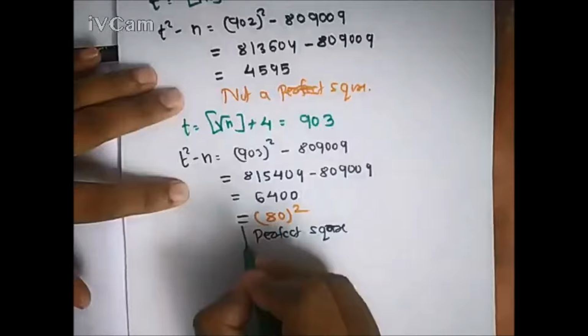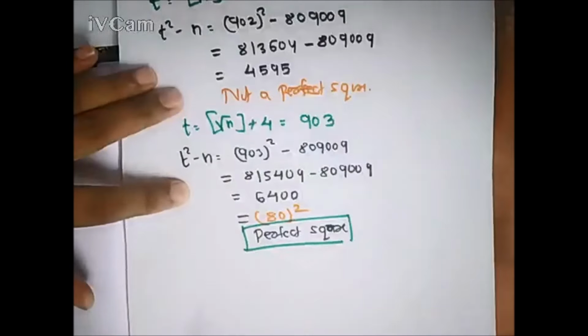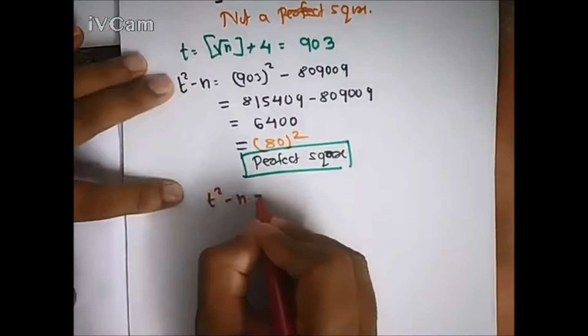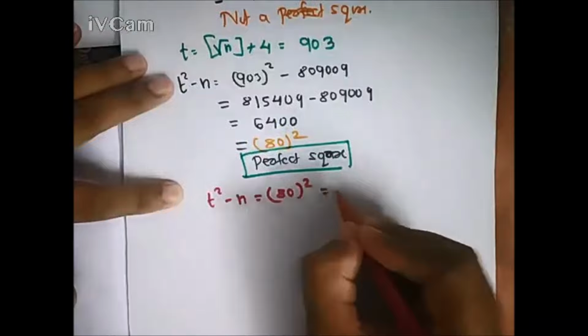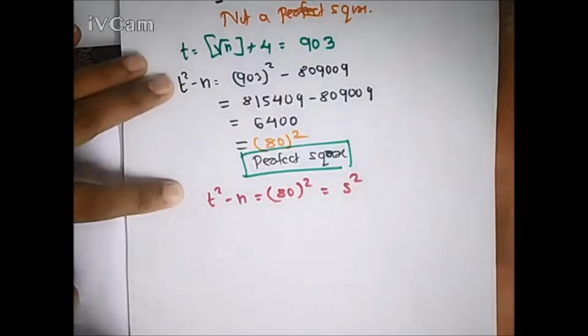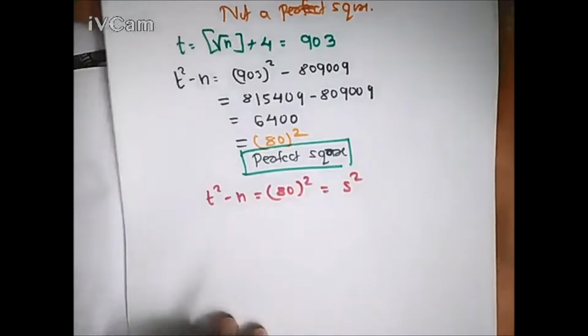Work is over. Then what do you do? Then just see, we are getting t square minus n is 80 square. That value is s square. After getting the value of s square, what can you do?